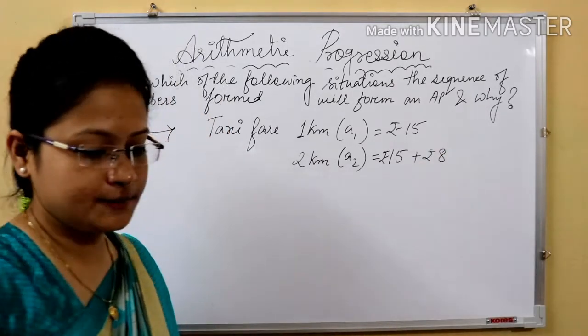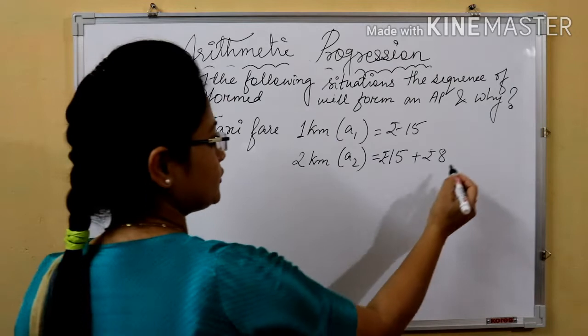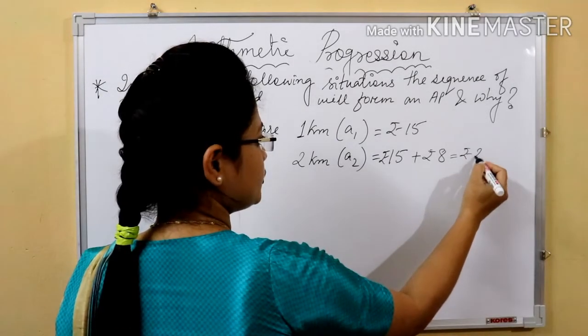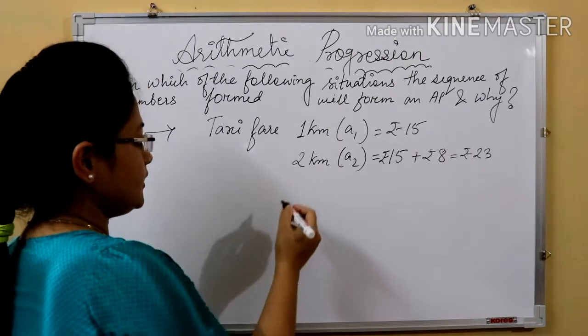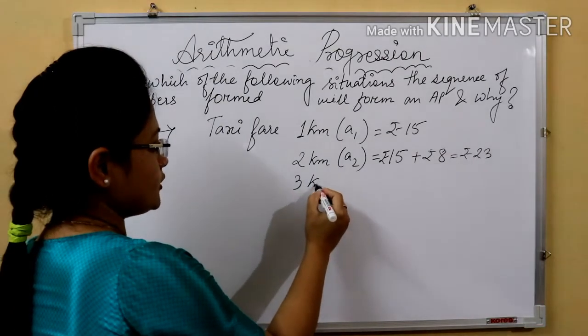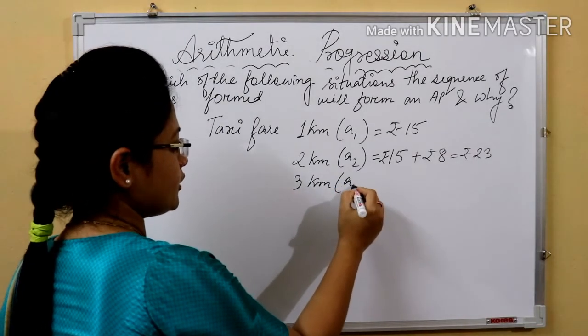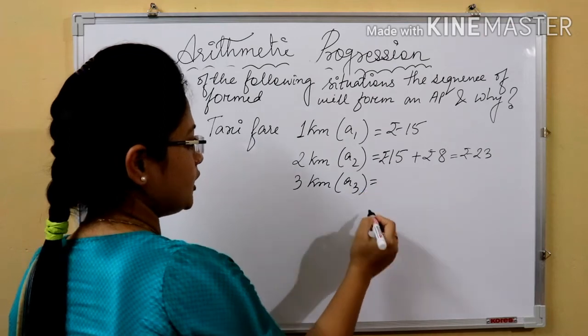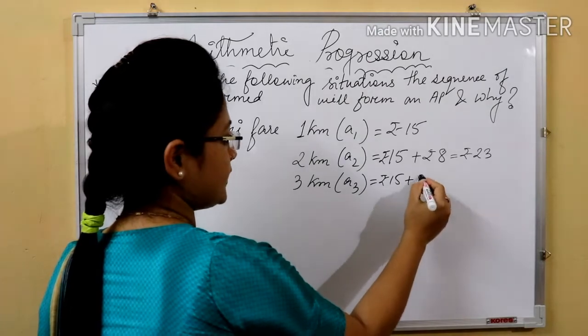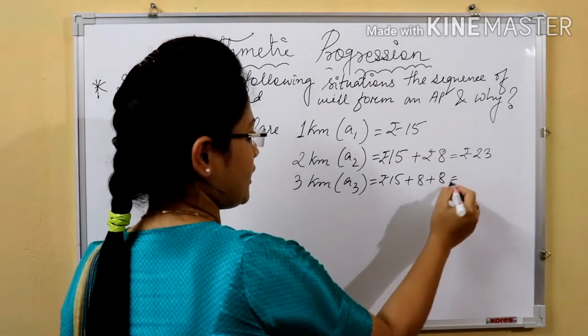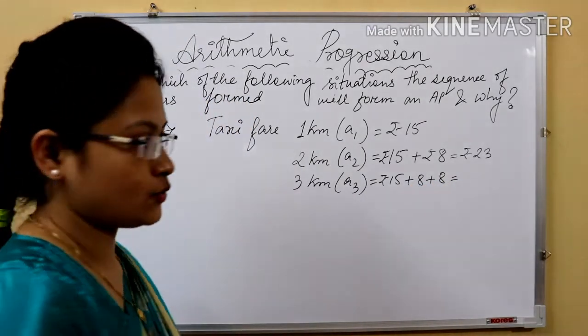So rupees 15 plus rupees 8 will be equal to rupees 23. And if he goes for 3 kilometers, that means your third term, rupees 15 plus 8 plus 8 will be how much? Rupees 31.